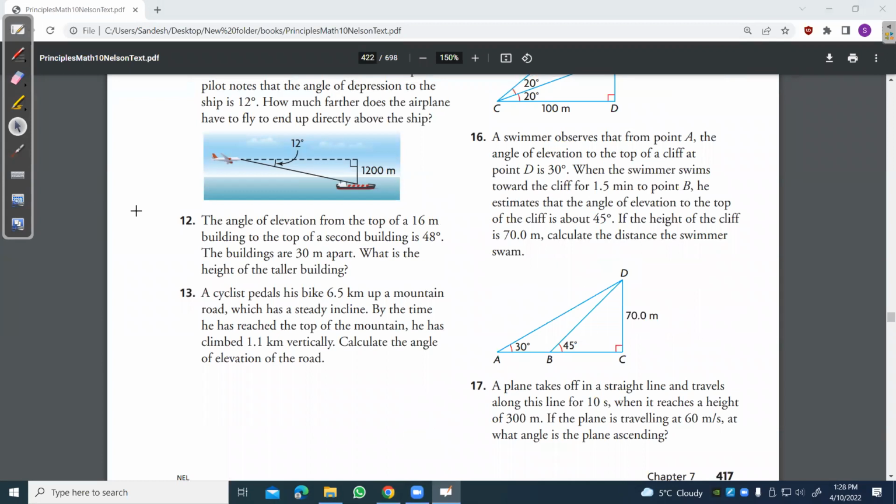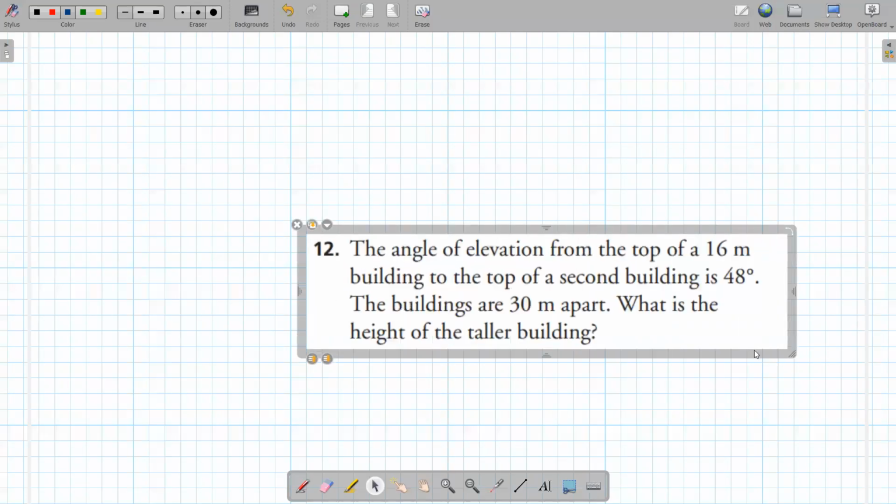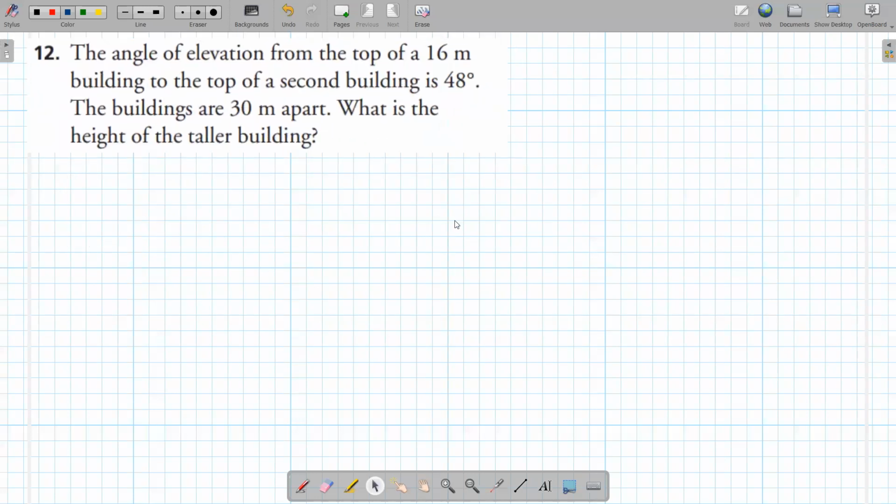Let's try doing a word problem, which is going to be a little bit more difficult. Do you remember what angle of elevation was? Like when you look up. Yeah, when you look up. So there is a building that is 16 meters tall.